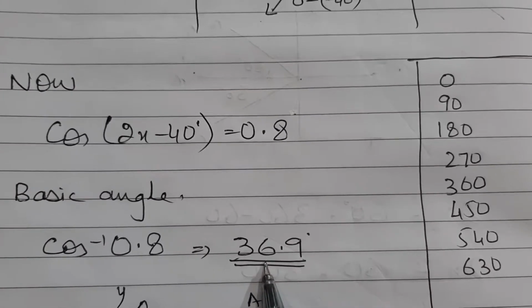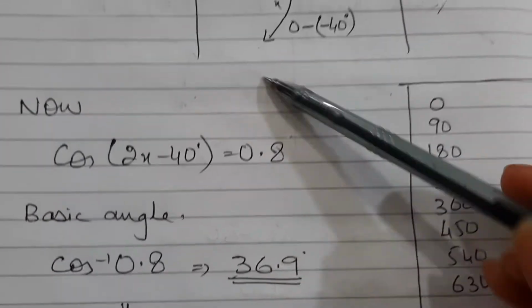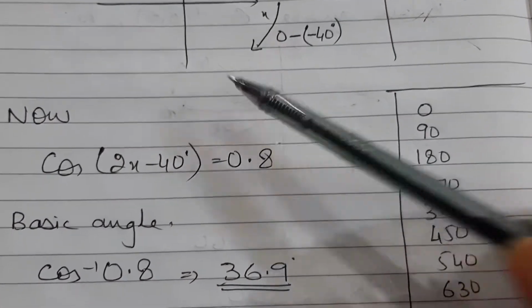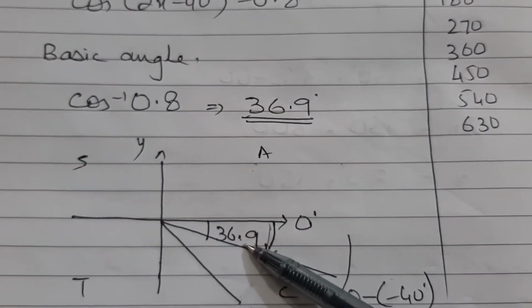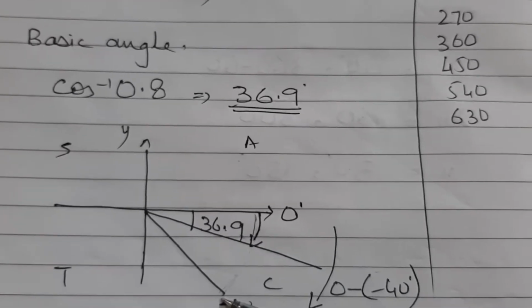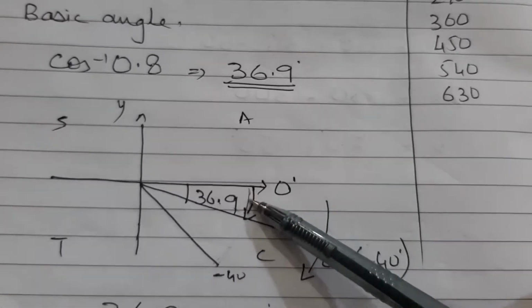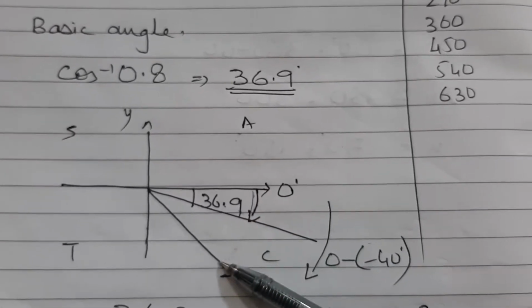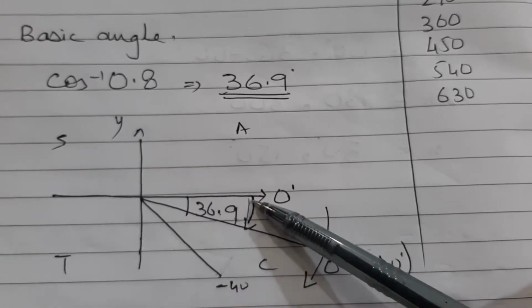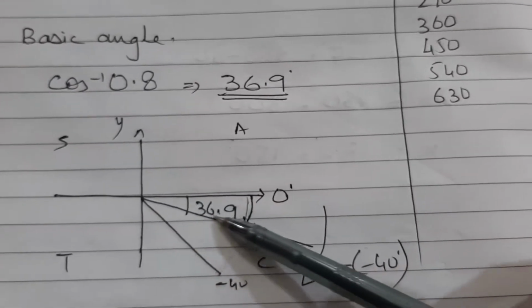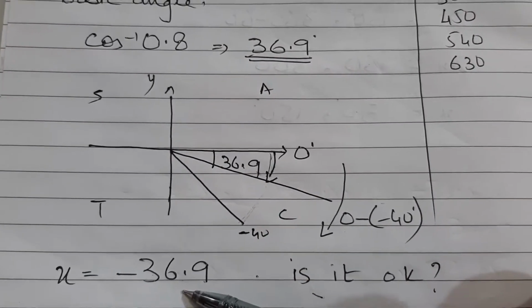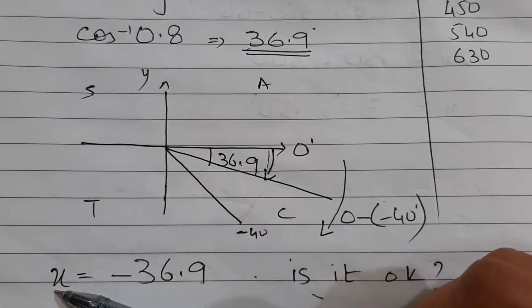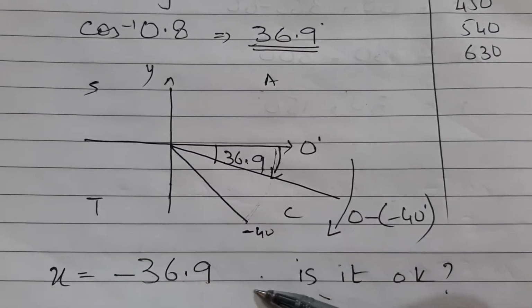First of all, I'm talking about rotating from 0 to minus 40. My basic angle is 36.9, and I have to check till minus 40. If I go till here, on the way I meet the basic angle. So one of my answers is minus 36.9. Do you think it is right to write x equals minus 36.9?